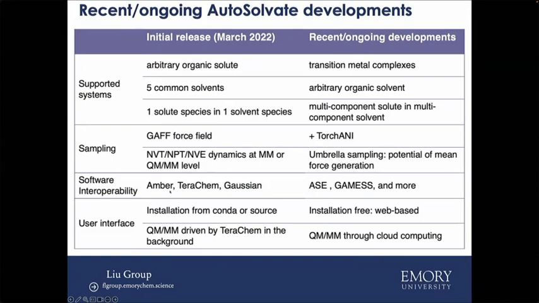Before, our workflow only relied on Amber, TeraChem, and Gaussian, but now we're trying to improve the interoperability with other quantum chemistry packages and molecular dynamics packages. We also added support for machine learning force fields, such that we can use them to do the solvation configuration sampling.